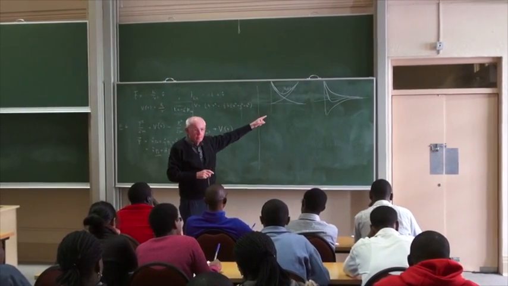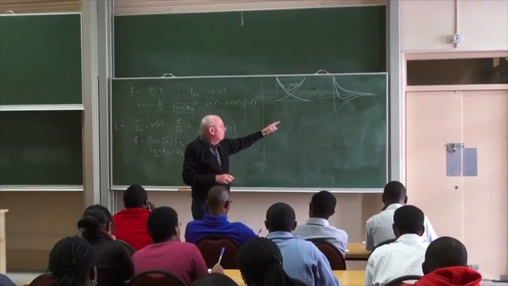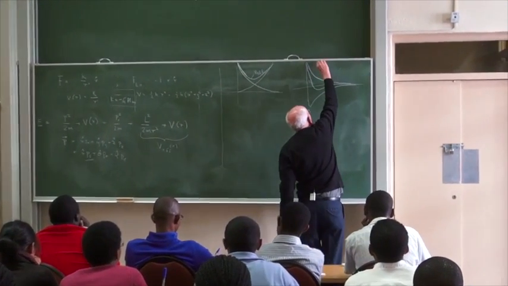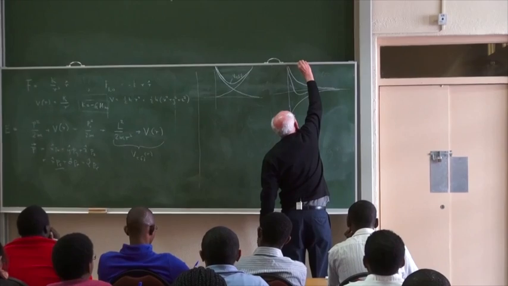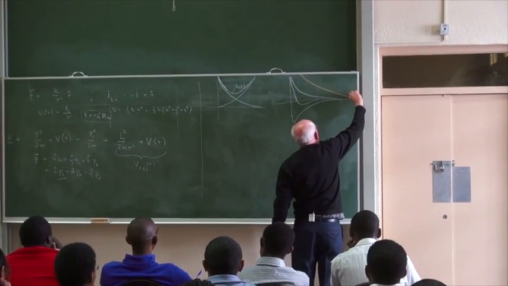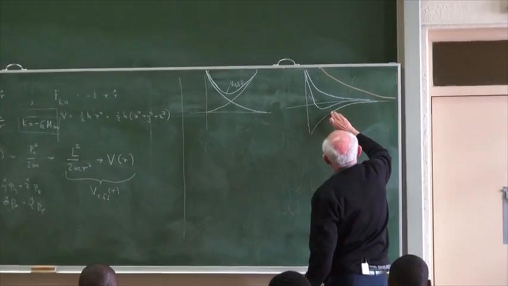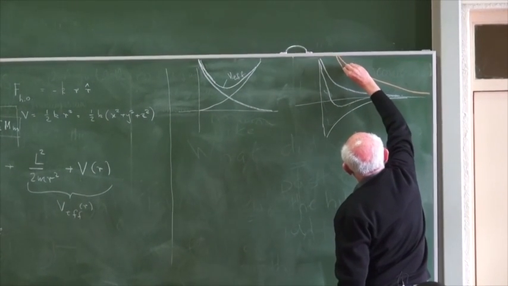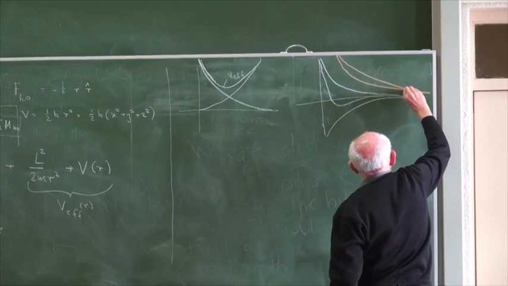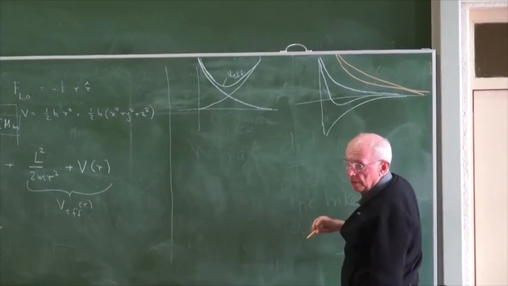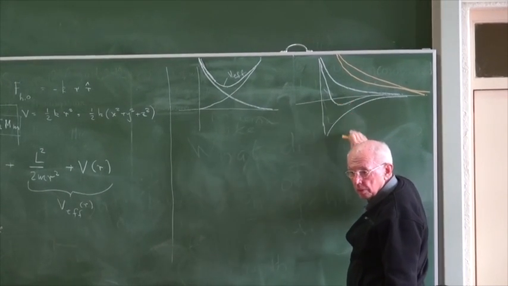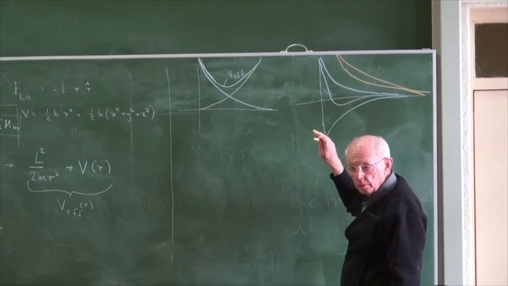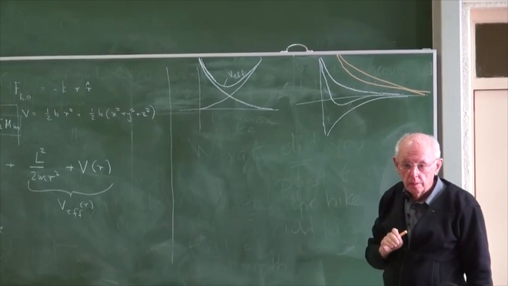What happens then? L is very large, and this thing goes like this. And then the effective one goes like this. Okay? So it doesn't go below 0. And what does that mean?